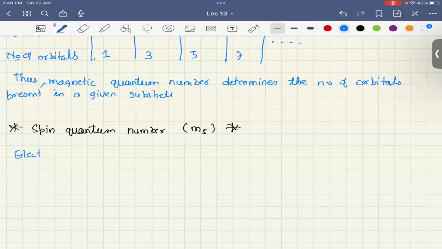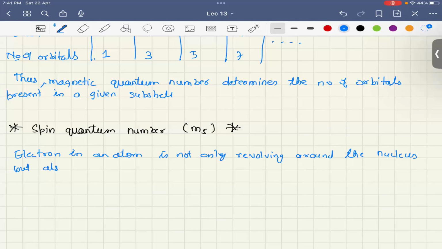Electron in an atom is not only revolving around the nucleus, but also spinning around its own axis, much like the earth, right?